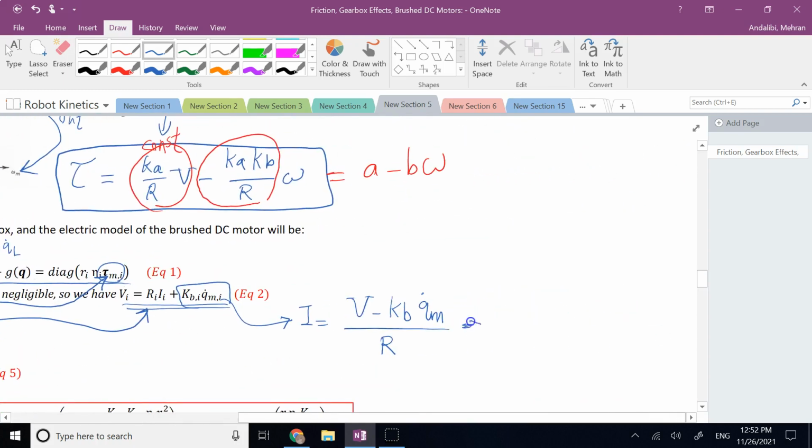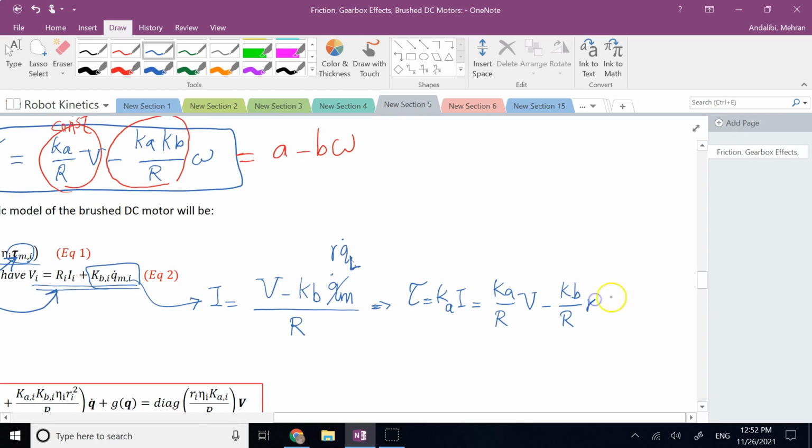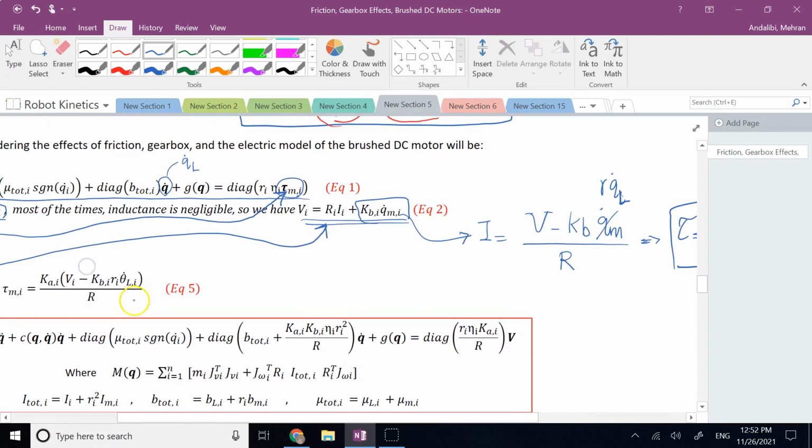So definitely my torque, which is Ka times I, is going to be Ka over R times V, then minus Kb over R, and then for this Q dot M, I plug in R times Q dot L, and that adds an extra R for me here, and then Q dot L. So this is what you can see in that equation, right?